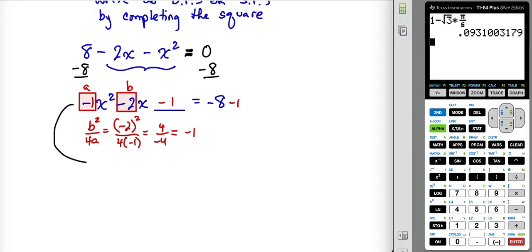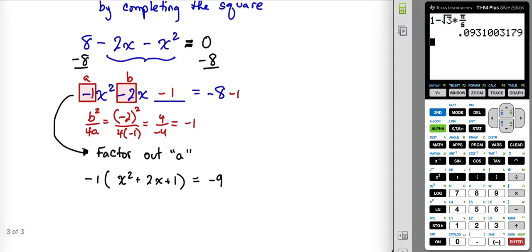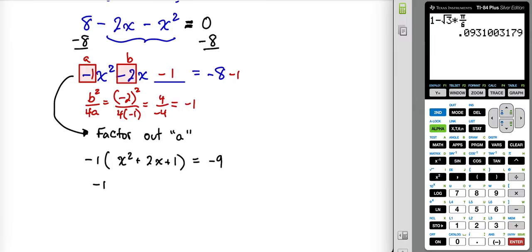So on the left side, what I can do is factor out a GCF, factor out a negative 1, so we'll have negative 1 times x squared plus 2x plus 1. We'll have a negative 9 on the other side, which we could then write as negative 1 times x plus 1 squared equals negative 9.